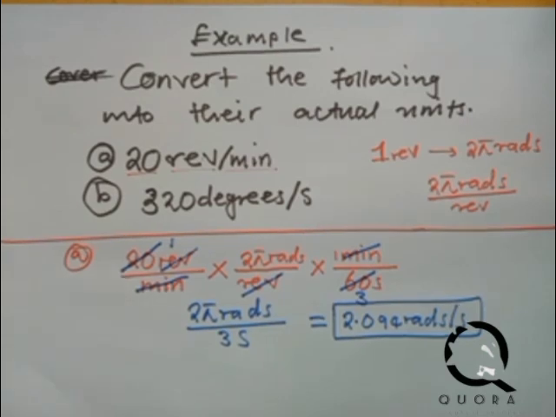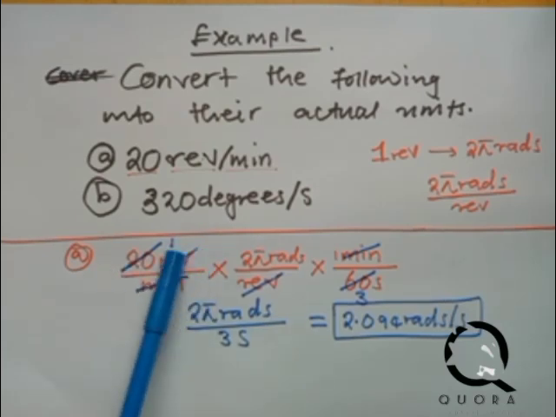So whenever you've been given the initial velocity in revolutions per minute, or the final velocity in revolutions per minute, what you should always be doing is follow the same procedure of conversions. You write it in this way: 20 revolutions per minute.